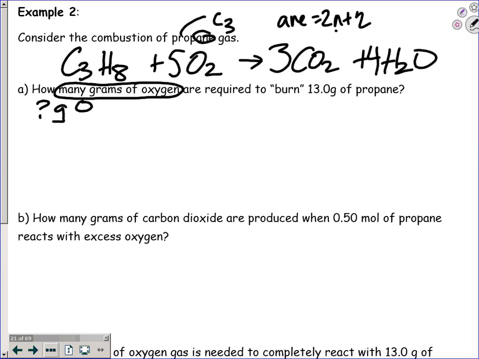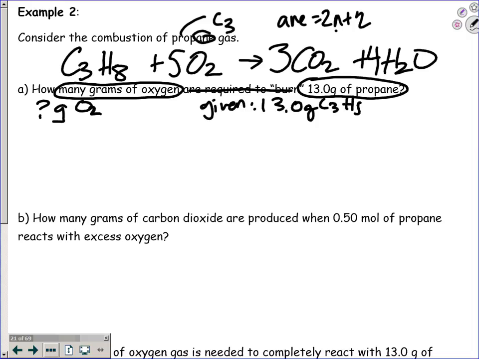No, it means O2. It's talking about this oxygen right here. So how many grams of O2? Who cares if we're burning something? Then we read, and this is our other part, which is called the given. So our given information is 13.0 grams of propane. Okay. What do I have to start with?